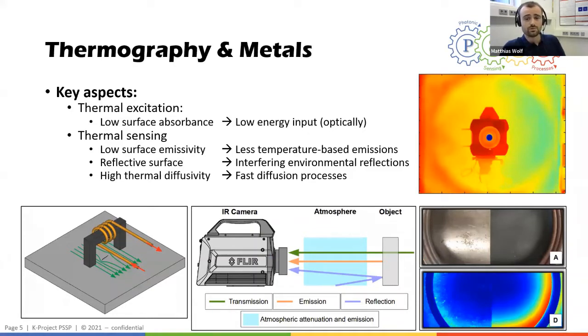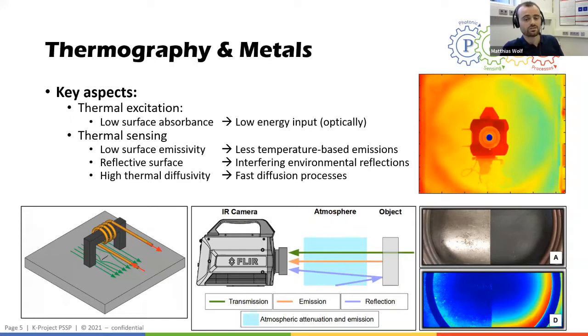Now I want to move on to a more specific application case, and that's thermography in combination with metal parts, the main topic of my talk today. As mentioned before, active thermography is based on two main aspects: one is the thermal excitation part, and the other is thermal sensing. In the case of metallic specimens, there are often additional careful considerations required in both of these aspects.